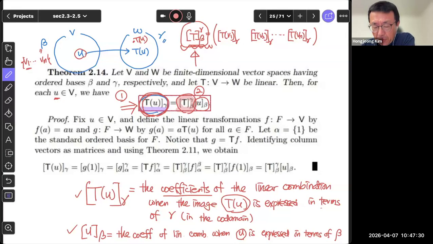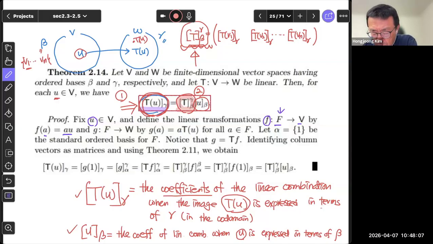So let me fix this u vector and let me define the linear transformation F, which is a mapping from the scalar field F to V. Okay, F is the set of numbers and V is the domain, and F is a mapping which maps any real number, any scalar a, to the scalar multiple a times u.